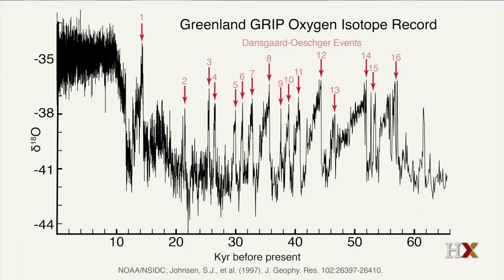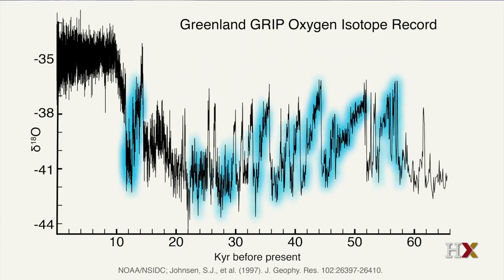What you see are these large fluctuations we call Dansgaard-Oeschger events after the great polar scientists Willy Dansgaard and Hans Oeschger. These Dansgaard-Oeschger events show up as abrupt warmings that occurred over just a decade or two, and the temperatures in Greenland rose as high as 10 or 15 degrees. This was generally followed by a slow cooling trend that could last a century or perhaps even several millennia in some cases, quite variable in duration.